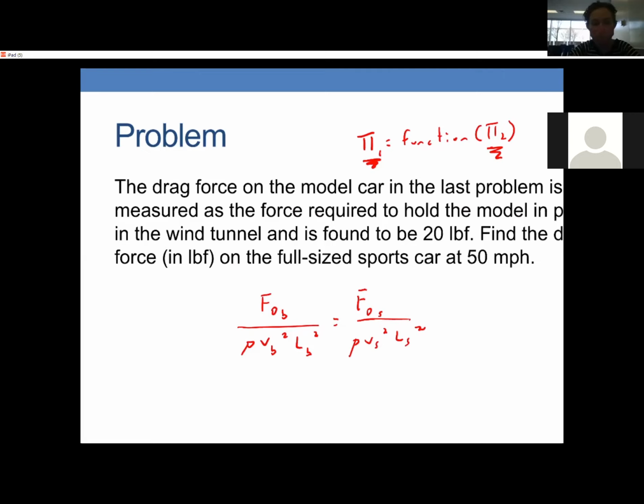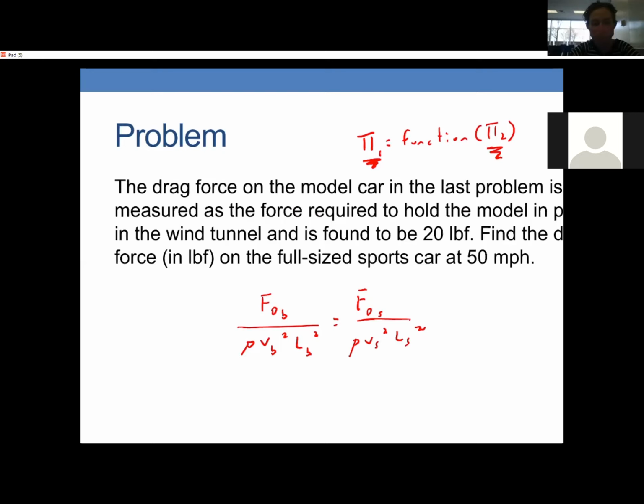Remember, they're also geometrically similar, they're the same shape. And we already figured out all of the factors that are relevant to this. We can do that just by doing some experiments to see if we change this, it'll change the drag force somehow. Then we can figure out all the factors that are relevant, which were the shape, the length, the scale, the density and viscosity of the air, and the velocity.